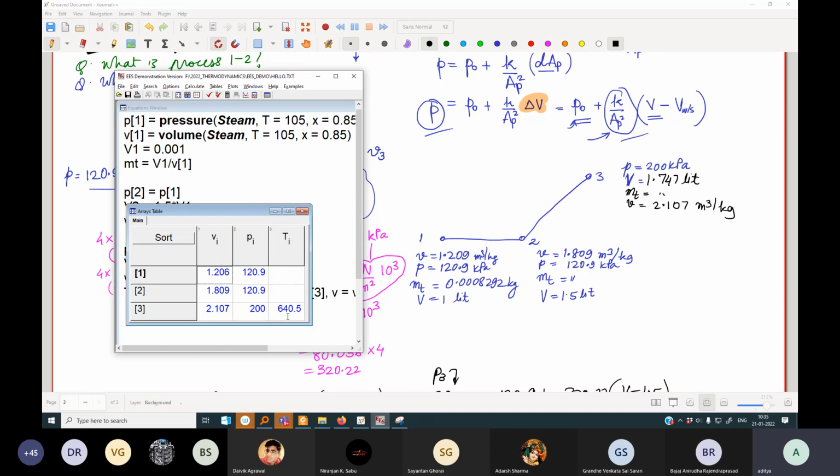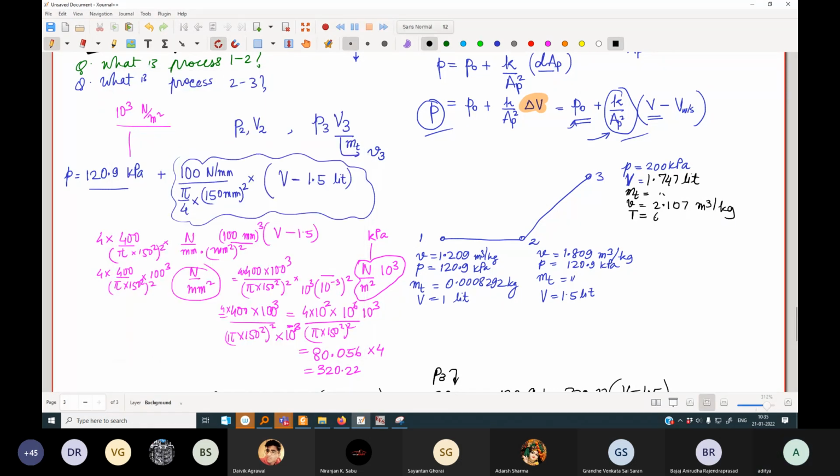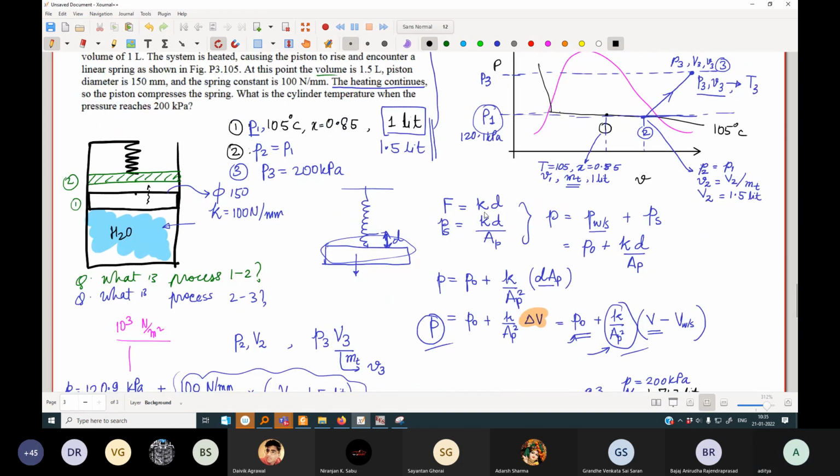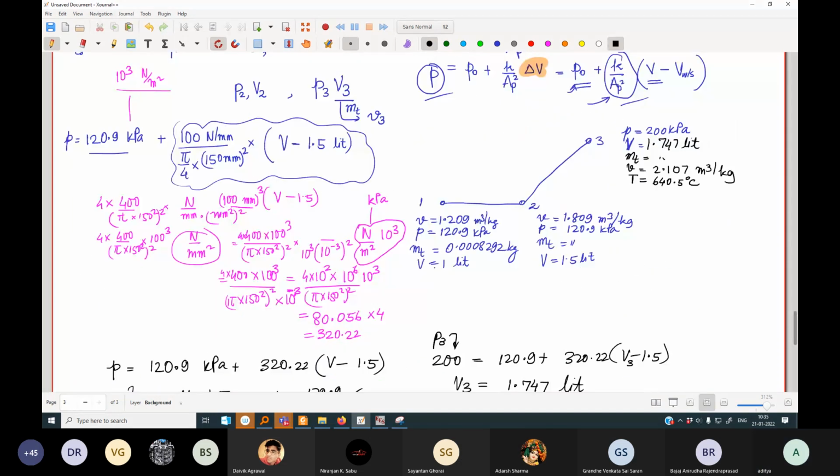So the temperature is 640.5 degrees Celsius.